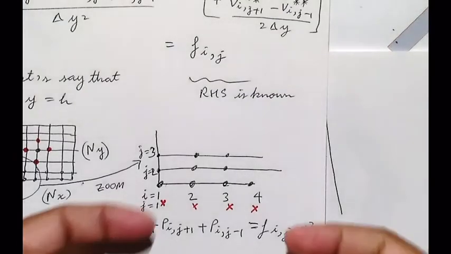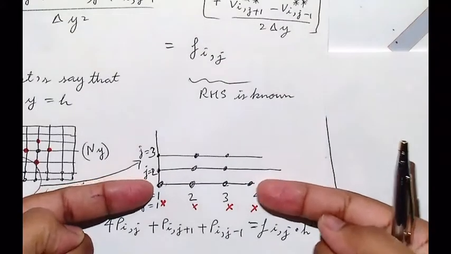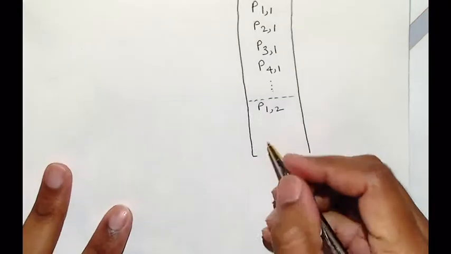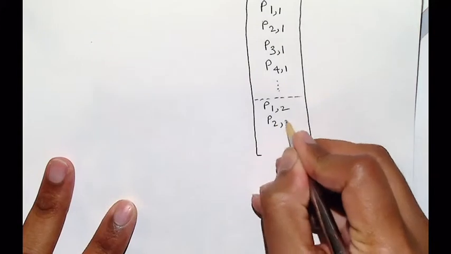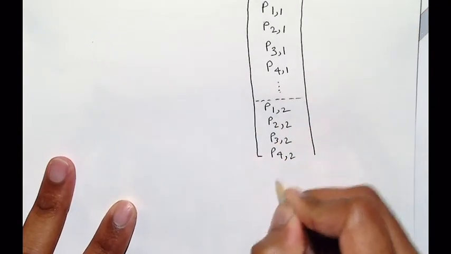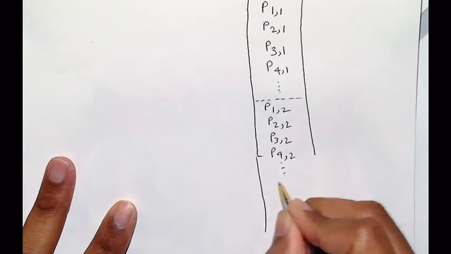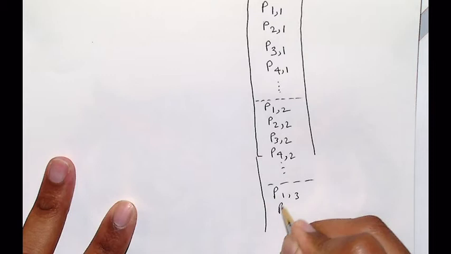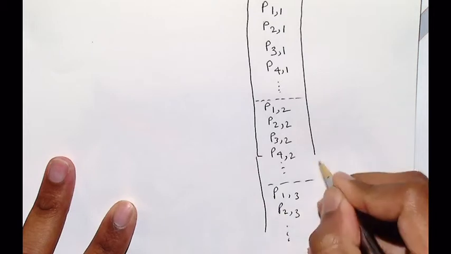So we basically jumped from all of these points to now writing all of these points. J equal to 2: p2,2, p3,2, p4,2, and so on. And the same for the next row, p1,3, p2,3, and so on.